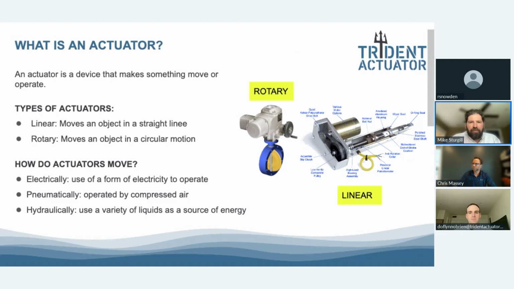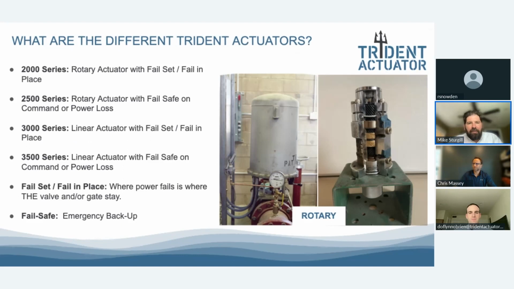So I said Trident Actuator makes rotary and linear. We make basically 4 models. We make a fail set or fail in place, and with those models, when power fails, the valve or gate will stay in the position it was at at power loss. Now we also make a fail safe.